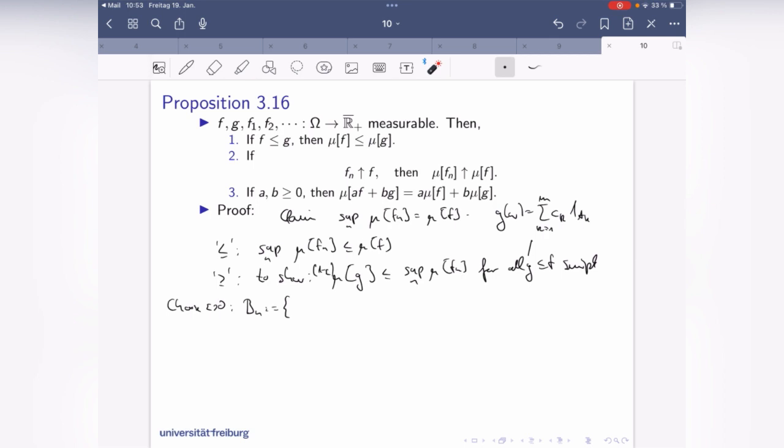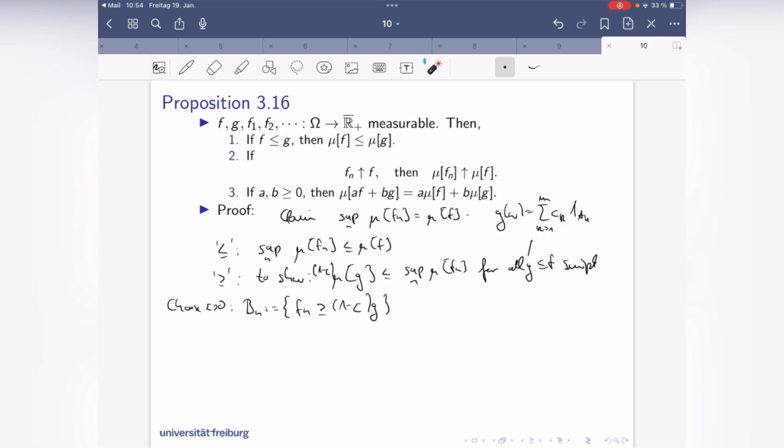The set B_n I'm going to define is the set of omega such that f_n is bigger or equal than (1 minus epsilon) g. Okay, g is smaller or equal than f. That means (1 minus epsilon) g is also smaller or equal than f. And the f_n's, they increase to f.